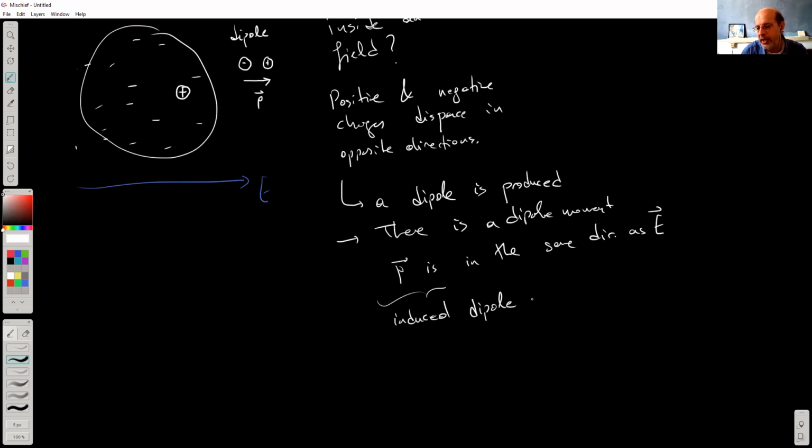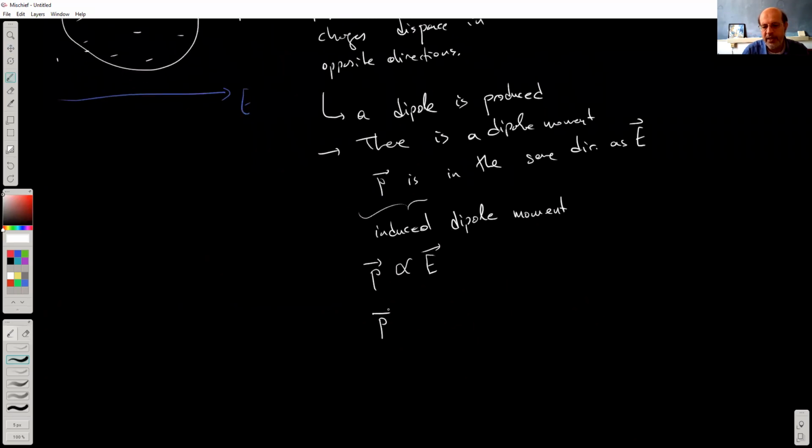It is induced by the presence of the electric field. It appears that this induced dipole moment is proportional to the electric field. It's not only parallel, but it's proportional, at least for weak fields. So there's a constant of proportionality in here. This constant of proportionality, I think people show it with alpha, is called the polarizability of the molecule.